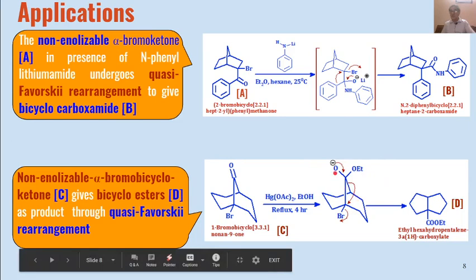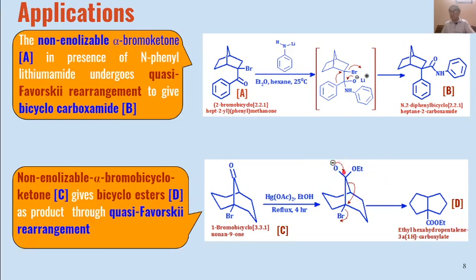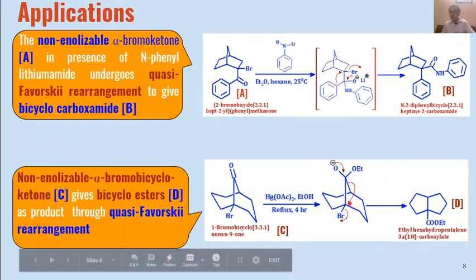Then when this comes back to this place, this carbon-carbon bond migrates to this position for the elimination of this bromide.